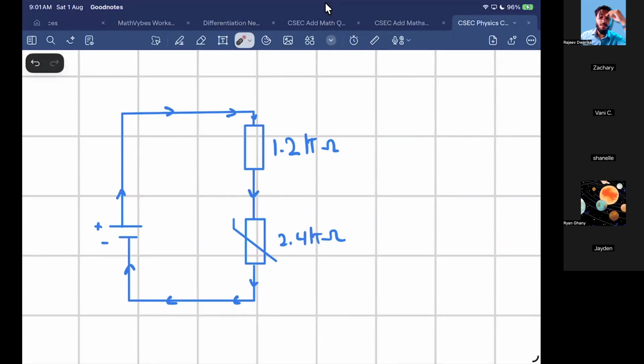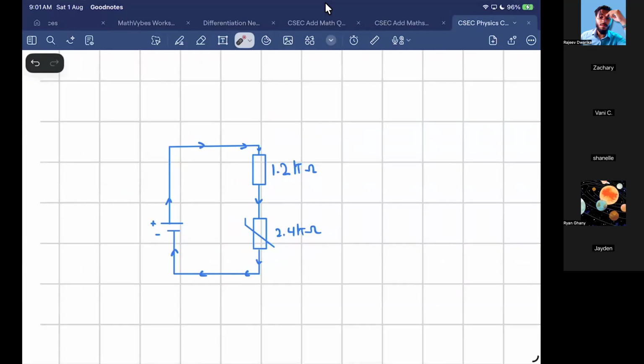And that's good, because the current... I don't want to reveal the answer. Guys, how would I be able to find the voltage drop across this? Let me hear some suggestions. Let me hear you all think.